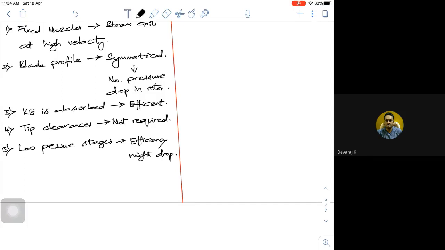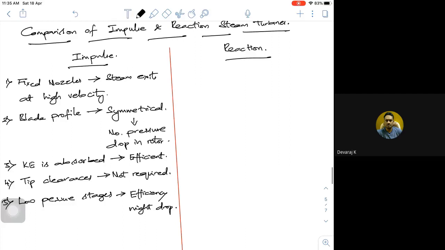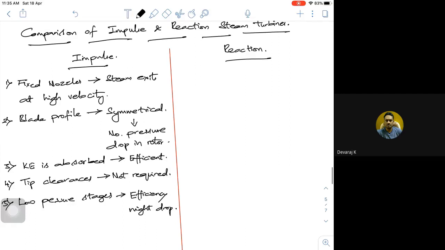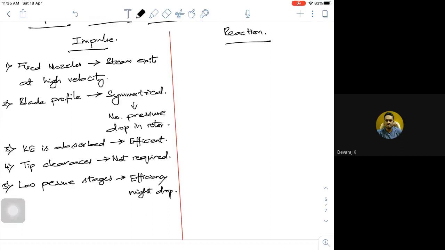So if I have a first stage, second stage, third stage and fourth stage, maybe the first two stages I can call high pressure stages, and the next two stages low pressure stages. This is about your impulse turbine. I'm trying to give very simple 4 to 5 points. The rest of the things you can refer to in any of the textbooks.